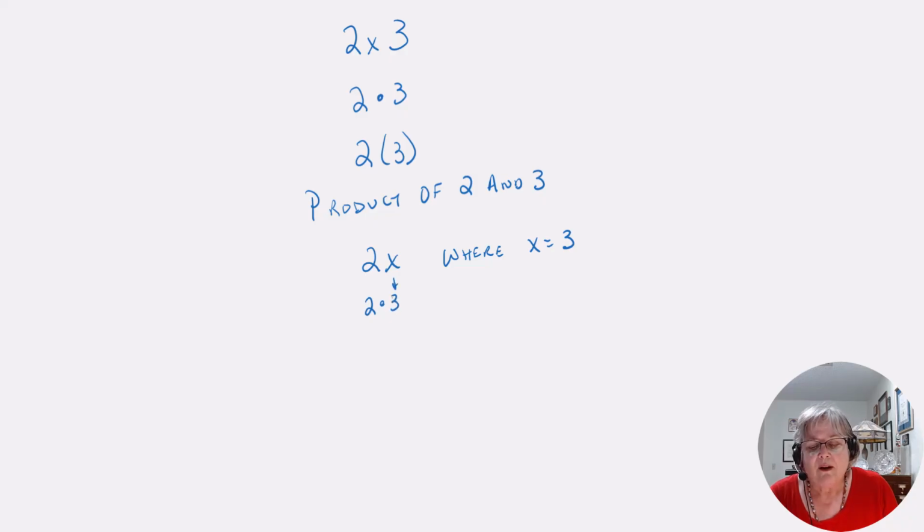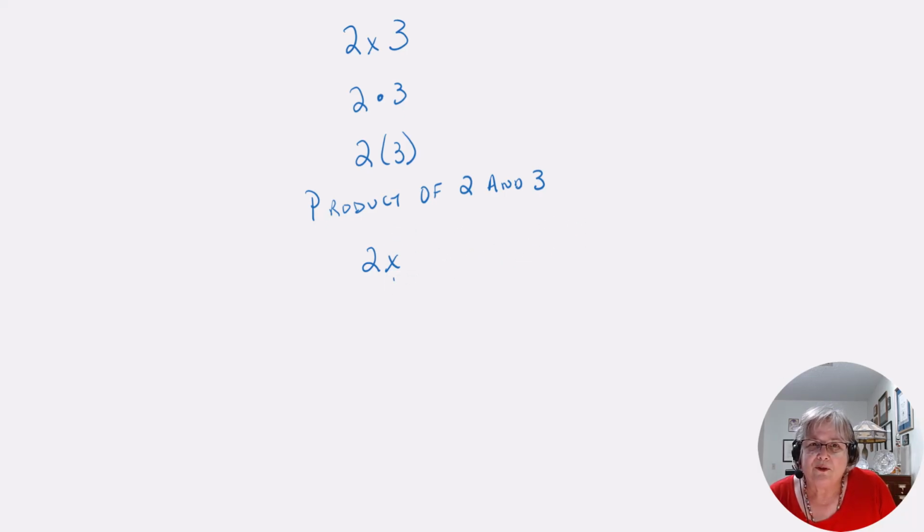Putting a variable right next to a number as a multiplier, there is an implied multiplication. So a number and a variable can be implied multiplication. Two numbers stacked next to each other are not implied multiplication. That's just the number 23. Now, there's all the various forms that we're going to deal with today.